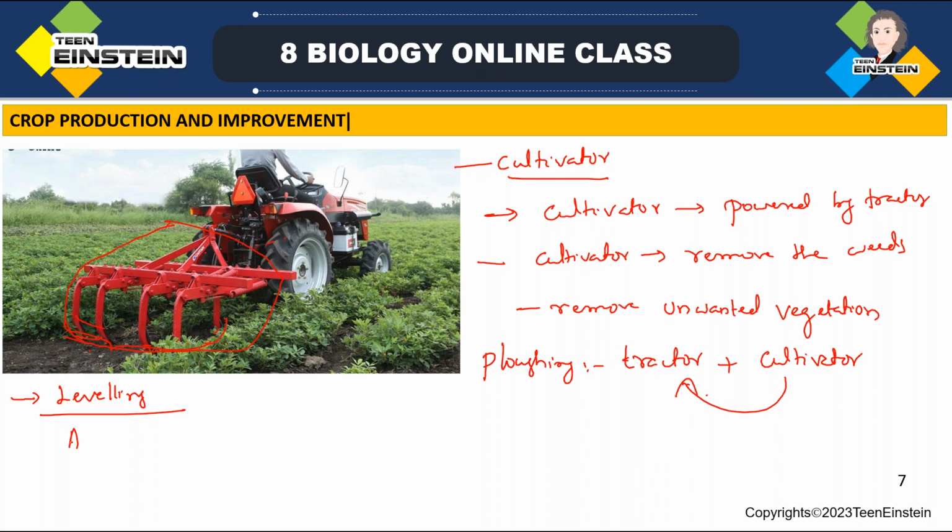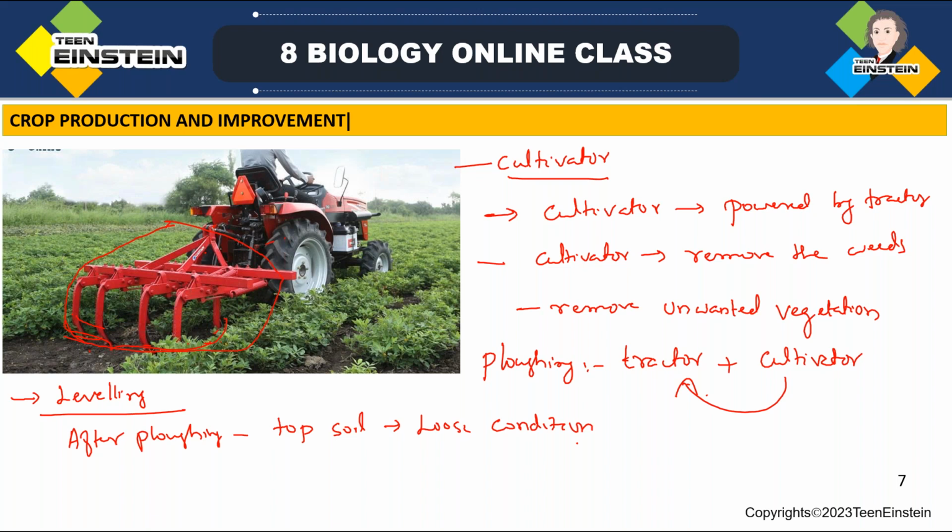See, after plowing, the topsoil will be in a loose condition, right? After plowing, the topsoil layer will be quite loose. If enough plowing is done, it will be in a very loose condition.